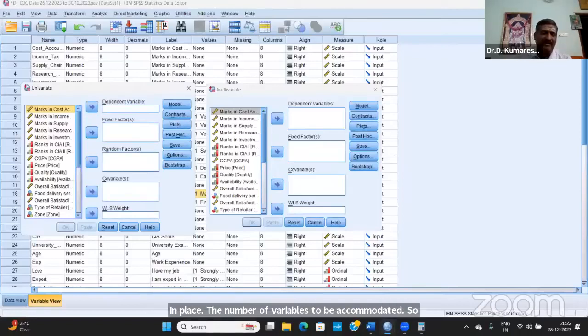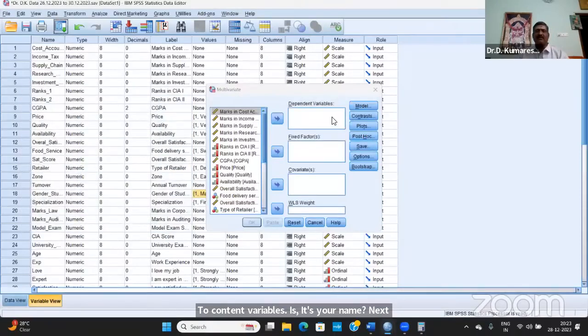Again, look at here, dependent variable. It is given in singular form. But here, dependent variables. It is given in plural form. So let us have the dependent variables. What are the dependent variables?